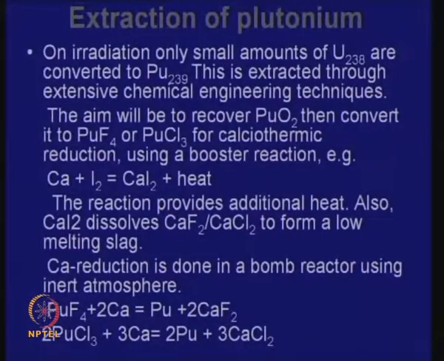That does not happen. When the thermal neutrons coming from the fission of uranium 235 are allowed to bombard uranium 238, only tiny fractions of that uranium 238 will get converted to plutonium 239.